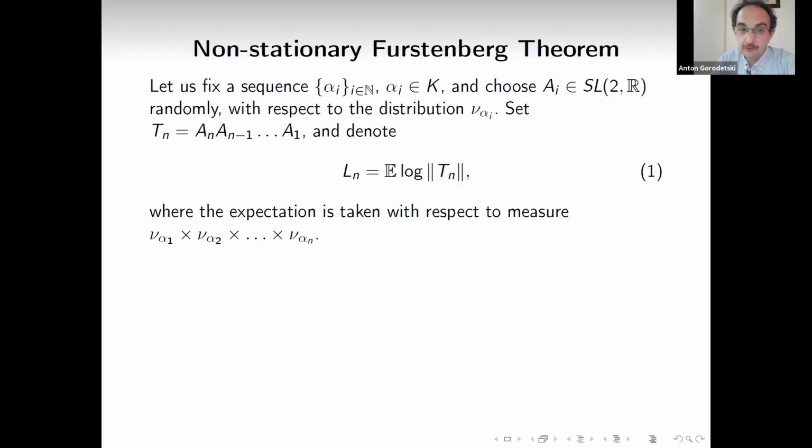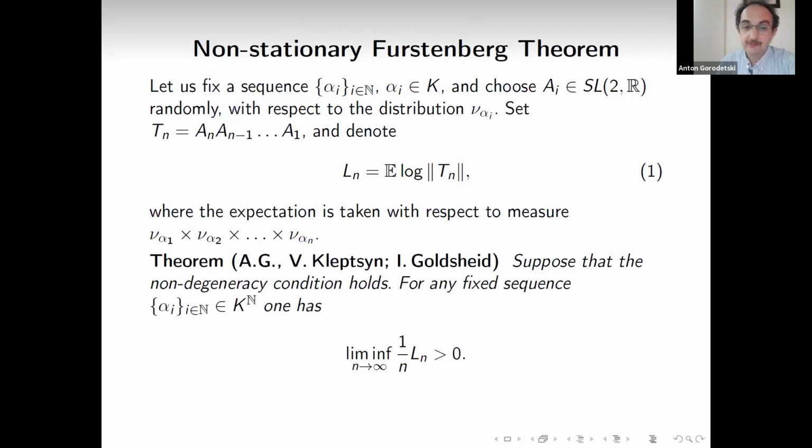So what I want now, and this is what the first step in the proof of the Furstenberg-Kesten theorem points to, is to consider the expectation of the logarithm of the norm of this product. This is some non-random number, and it is kind of an average growth rate of this product.